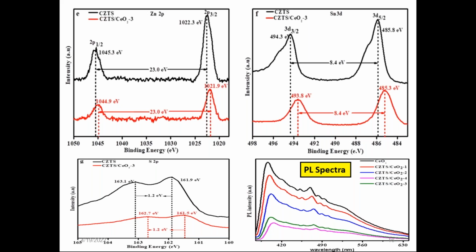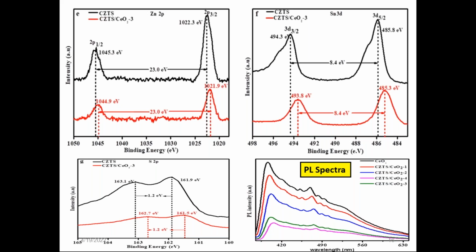The figure shows PL spectra of CeO2, CZTS, and the CZTS-CeO2 1, 2, 3, and 4 composites, with an excitation wavelength of 330 nanometer, where CeO2 shows two strong blue emission peaks at 391 nanometer and 468 nanometer, which may be due to the band gap energy of 2.98 electron volt.